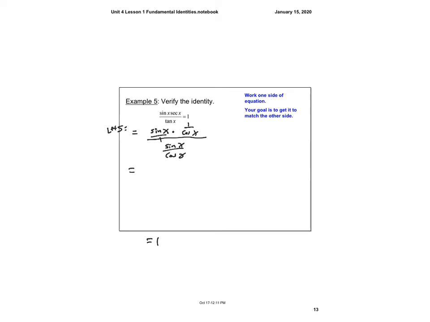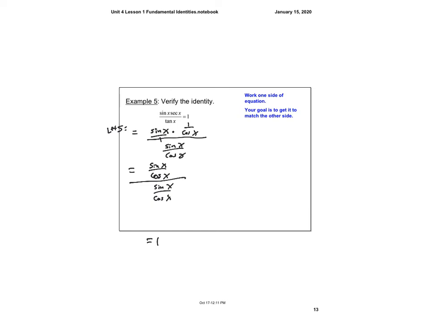So up there in the numerator, I'm going to multiply sine over 1 times 1 over cosine. So sine times 1 is sine x, and 1 times cosine x is cosine x. And then the denominator, I'm going to leave it. Don't skip these steps here. You've got to make it obvious.